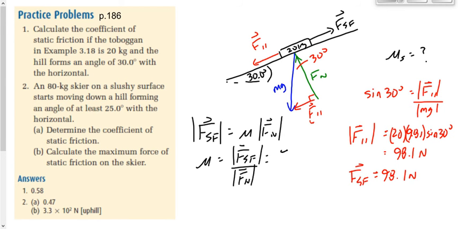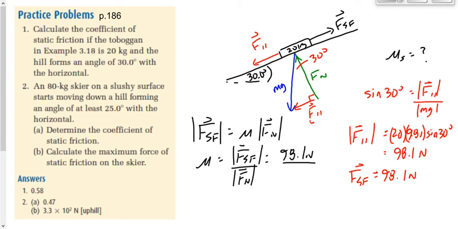We got 98.1 newtons divided by the normal force. Oh, wait. Not quite as easy as I thought, actually. We don't know the normal force, do we? Oh, boy, I missed that one.